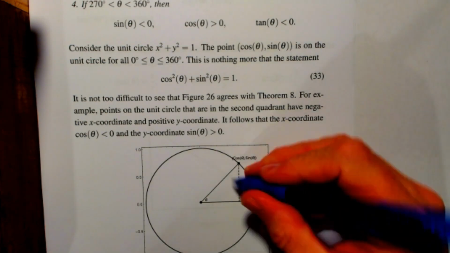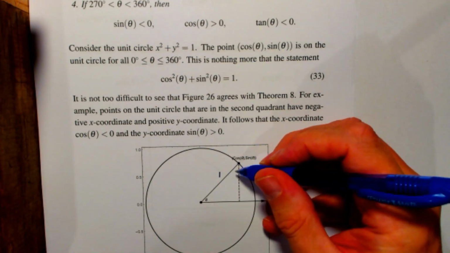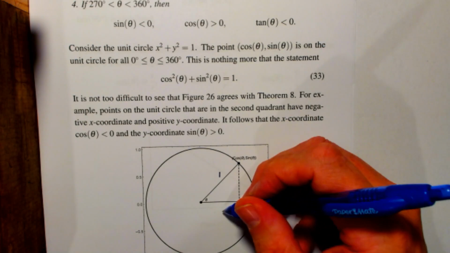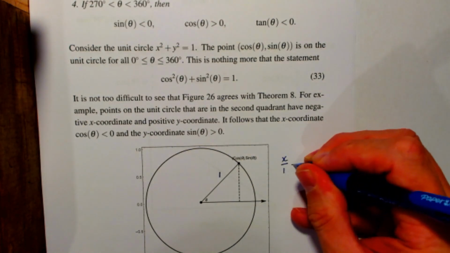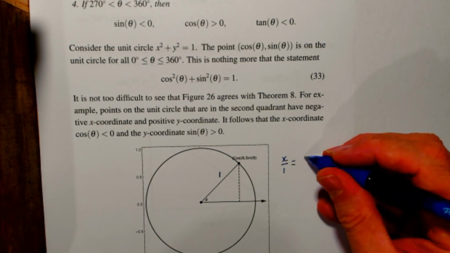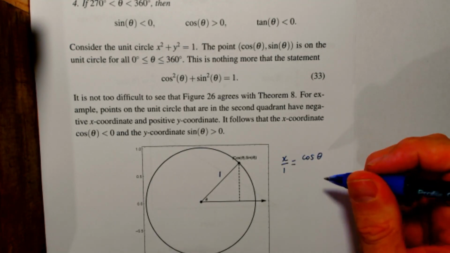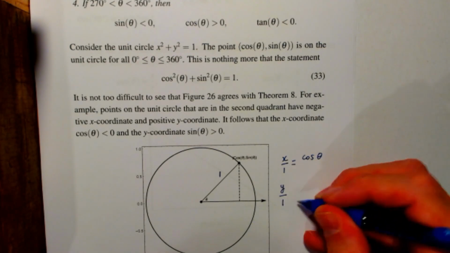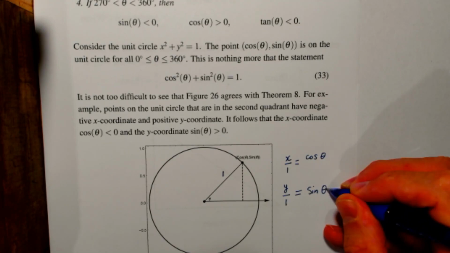Okay, so the length of this hypotenuse here is 1, and so x over 1 is equal to adjacent on hypotenuse, which is cos of theta, and y over the hypotenuse, which is 1, is sine of theta.